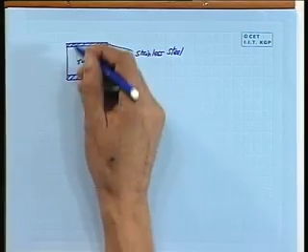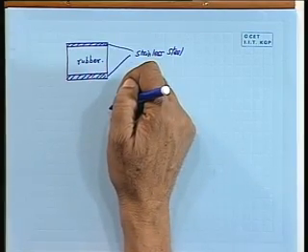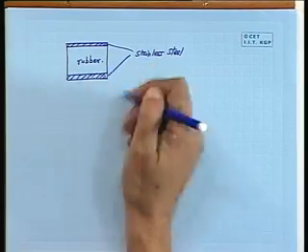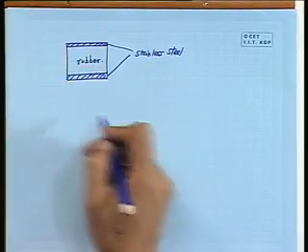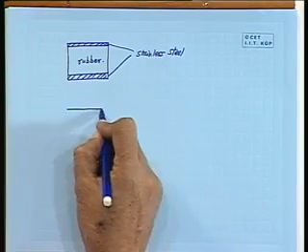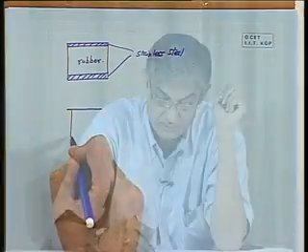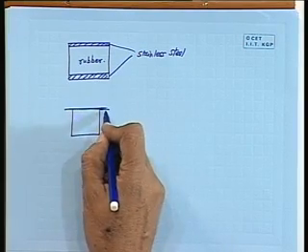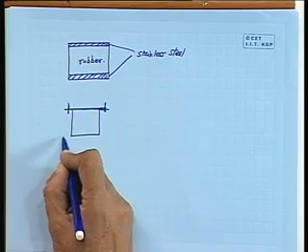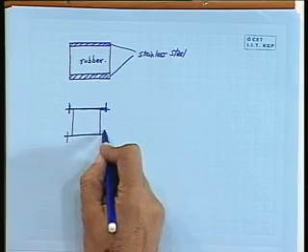Now, this type of a mount you can bolt it, or you can have some other arrangement like this, that if you are taking a cross section, you bolt this part to the equipment and this part to the foundation.